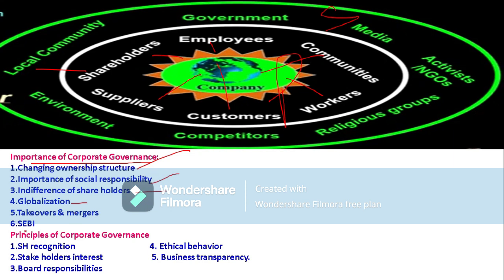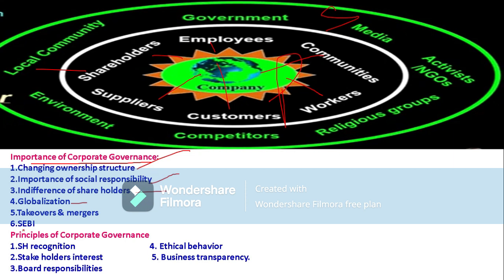Now the last one is SEBI. It is mandatory to implement corporate governance in some organizations. Because corporate companies are associated with different stakeholders, they have to safeguard their interests.